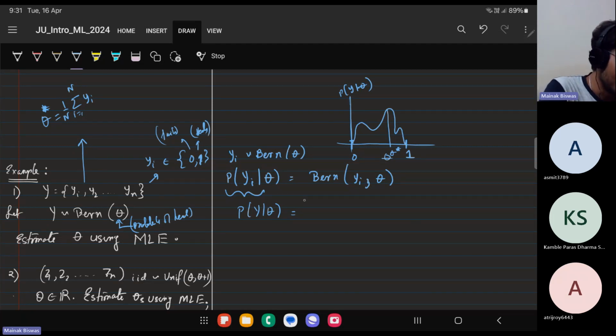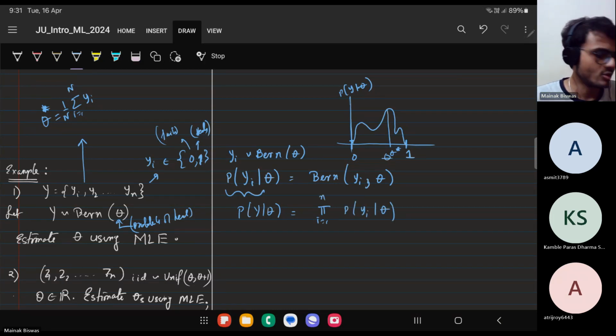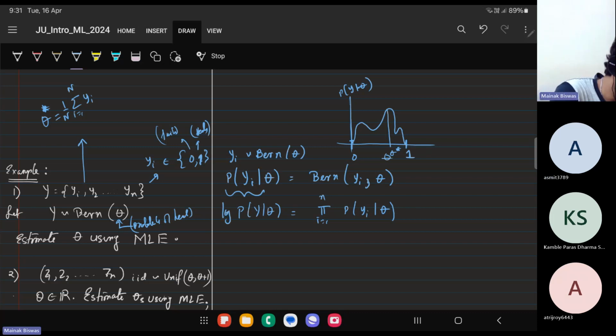Okay. So this I can write as product i equal to 1 to n of yi given theta. Do you agree? Yes. So log of this will be, so this is your loss function that you want to optimize.